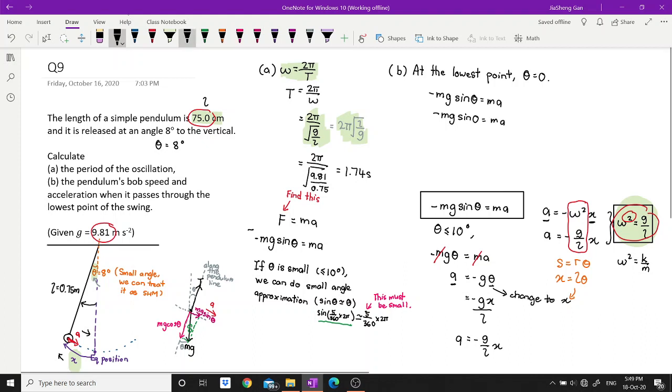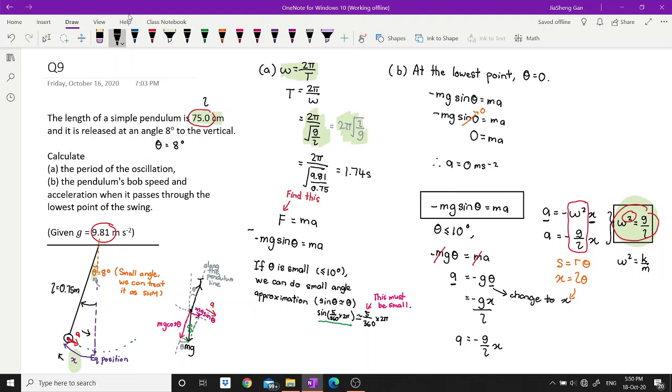Sine 0 is just 0, and 0 times everything becomes 0, so ma is 0. From here you know that the acceleration is 0 meters per second square. There are many ways to get why the acceleration is equal to 0. This is my way of doing it. Feel free to find another way.